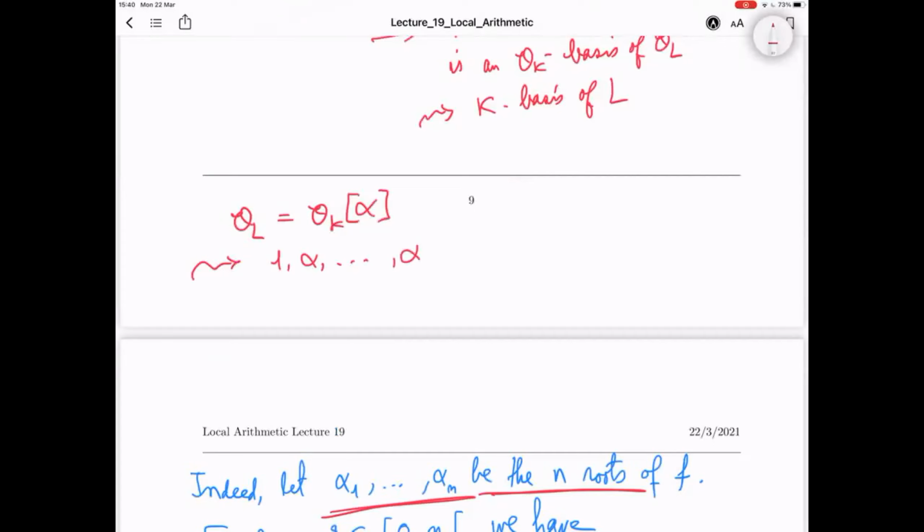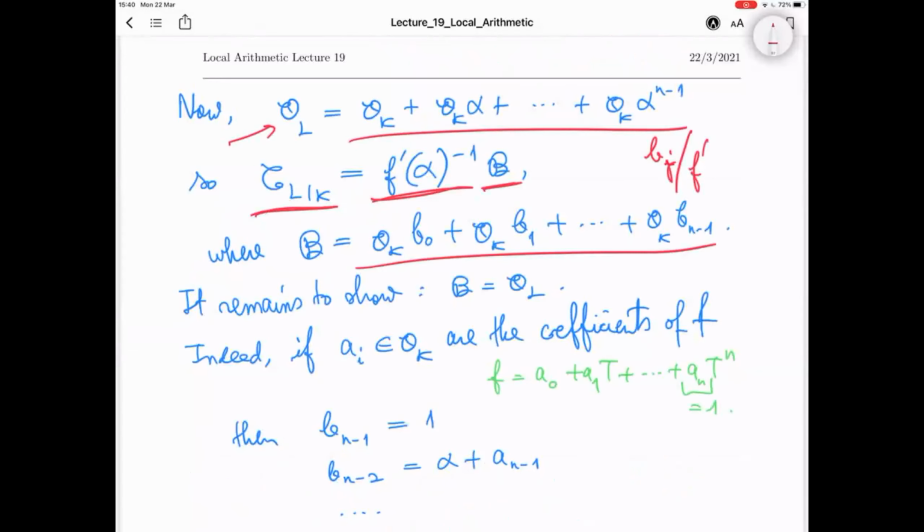So as this O_L is this direct sum, our complementary ideal is going to be f prime of alpha inverse times B, where B is generated by b_0, b_1 up to b_{n-1}, right? Because the dual basis was b_j divided by f prime of alpha. So the f prime of alpha is here now.